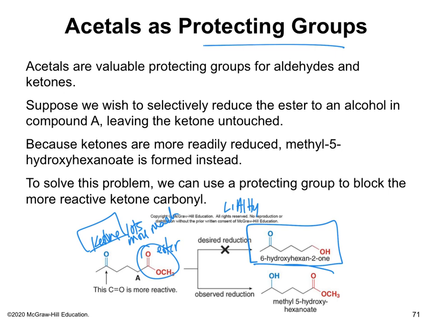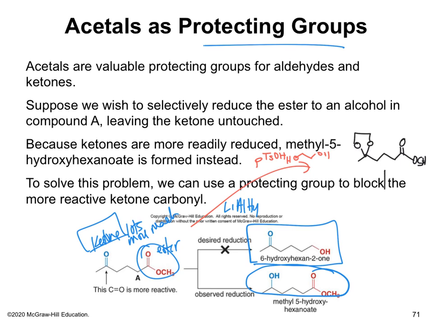Well, unfortunately, you're going to get the ketone reduced first. But you can shut that down. If you do a step first, and you react it with some para-toluenesulfonic acid and ethylene glycol, then the ester is not going to do anything, and this ketone is going to make the acetal here.